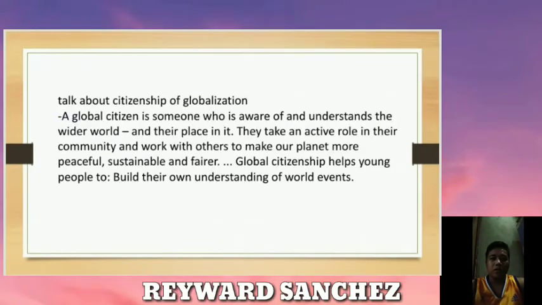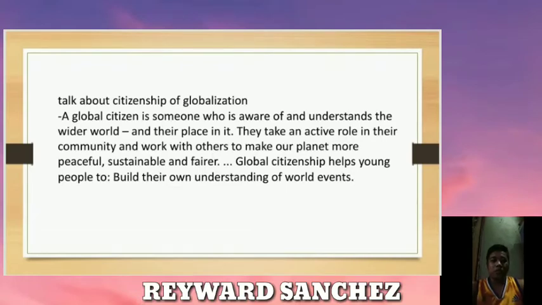So a global citizen is someone who is aware of and understands the wider world and their place in it. They take an active role in their community and work with other countries to make our planet more peaceful, sustainable and fairer.